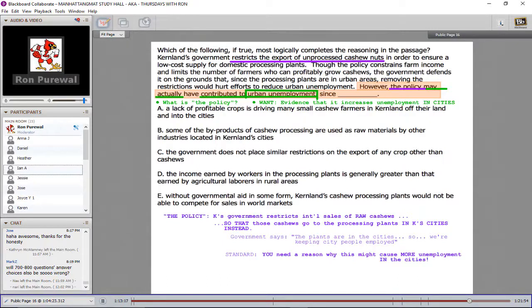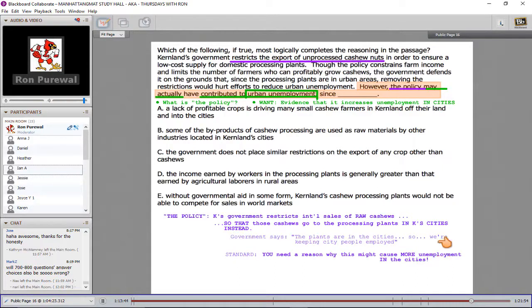If you think about this for a second, this is not going to be unemployed people at the processing plants, because the one thing this policy will definitely do is guarantee a workflow to the processing plants. That will definitely happen.